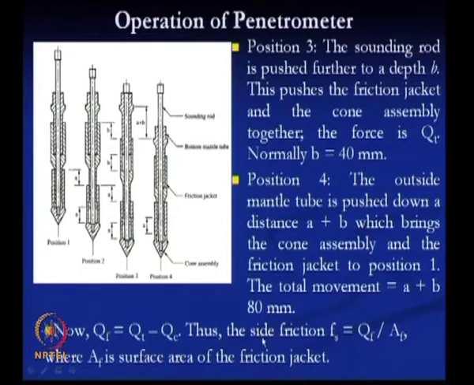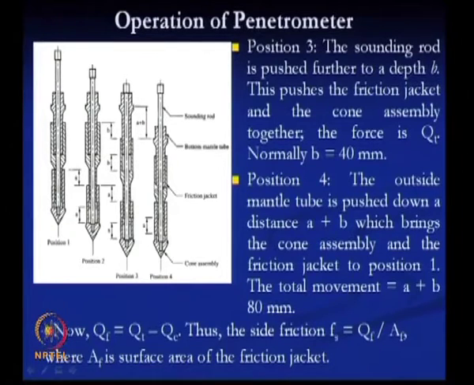Now, if we know the surface area of the friction jacket, then we can determine the side friction fs. This is similar to a pile foundation, where we get the tip resistance as well as the friction resistance. Now, in the fourth position, the outside mantle tube is pushed up to a depth of A plus B, that is 80 millimeter, to bring the cone assembly and the friction jacket to position 1.